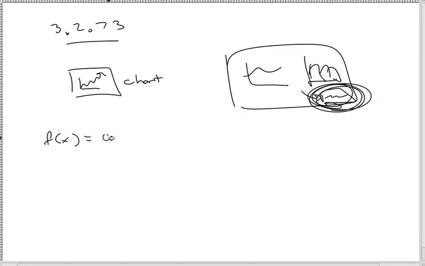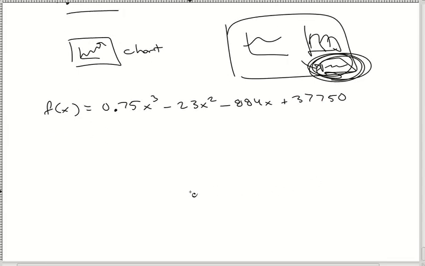F of x is equal to 0.75x cubed minus 23x squared minus 884x and then 37750.